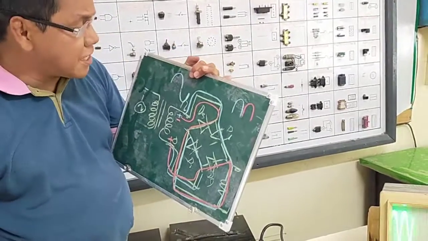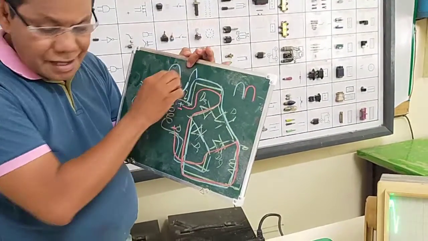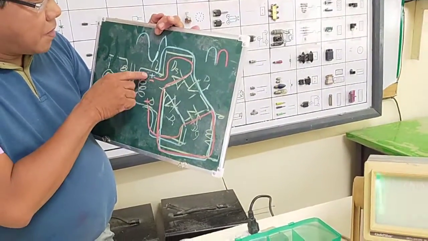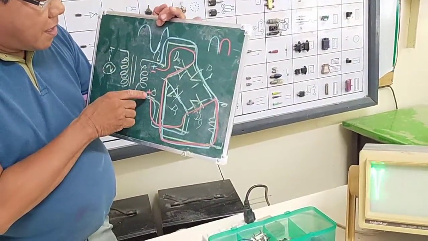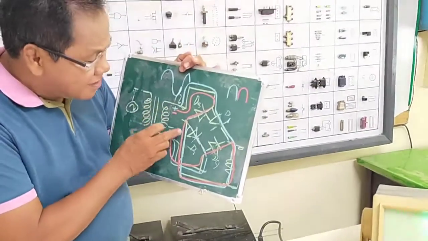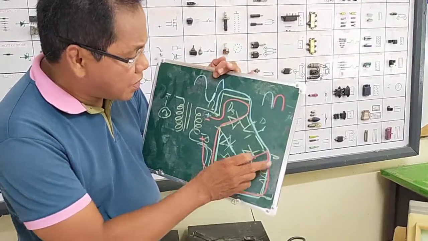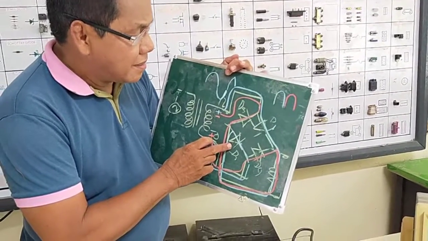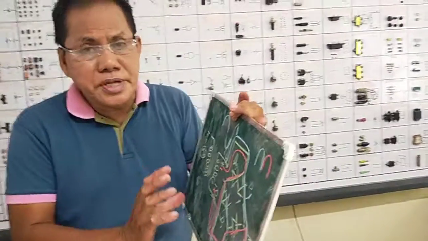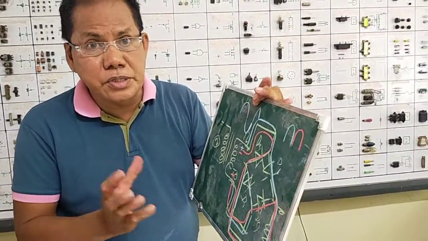Then, in the next half cycle, again, the polarity changes. From negative, going back again to positive, and the positive going back again to the negative. Again, the two diodes, D1 and D2, will be conducting. D3 and D4 now will not be conducting anymore. So, there is an alternate conduction of the 4 diodes.